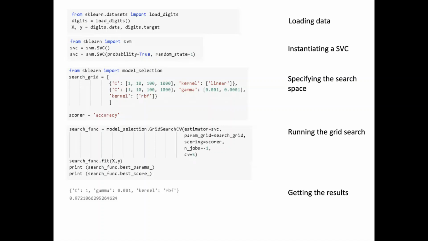This translates, of course, into an exhaustive search taking into account 4 possible values of the C hyperparameter when the kernel tested is linear, and then a combination between the 4 C values and 2 gamma values that you have chosen when the tested kernel is a radial basis function.